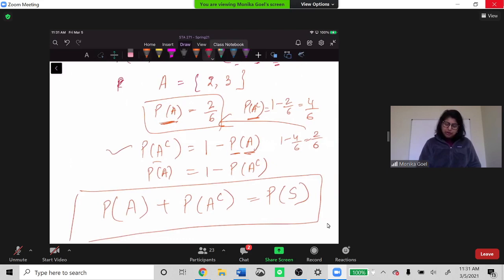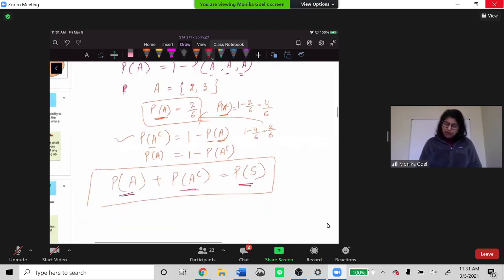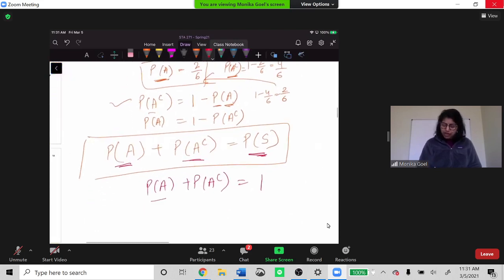Think about that: A and its complement make up my entire sample space. And what is the probability of the sample space? 1. That is my second rule. So if I am looking for A, I will move this side and this will be this rule. And if I am looking for A complement, then I would move P(A) here.